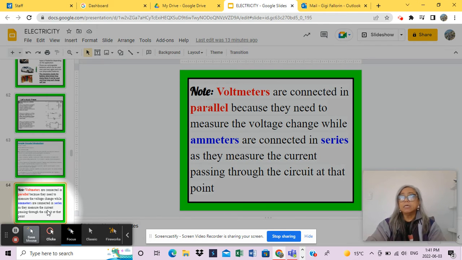Important ideas in this set of problems would be that of the voltmeter and the ammeter. Voltmeters are connected in parallel because they need to measure the voltage change, while ammeters are connected in series as they measure the current passing through the circuit at that point. So important information. Again, you can pause this and let the information sink in.